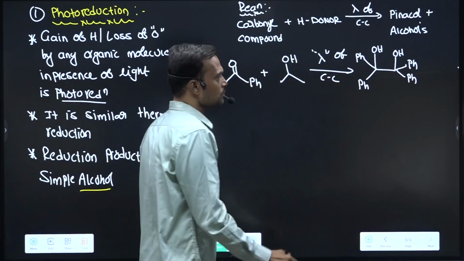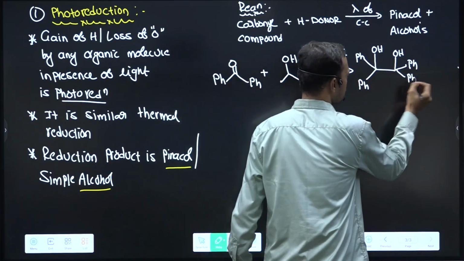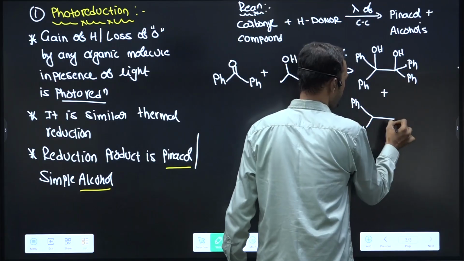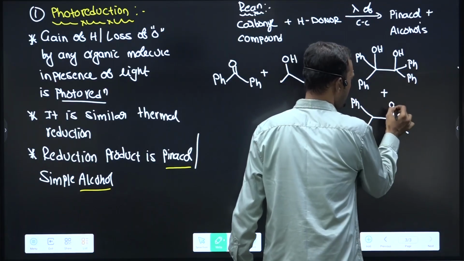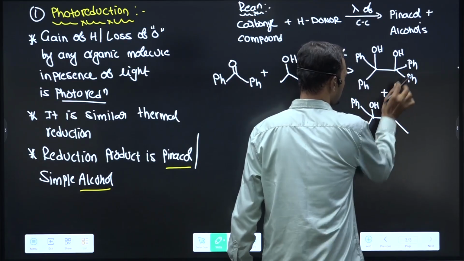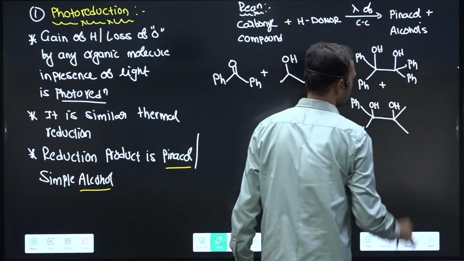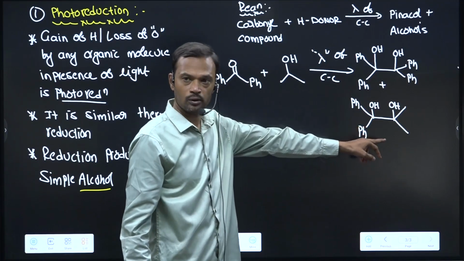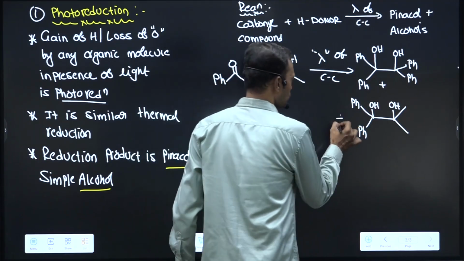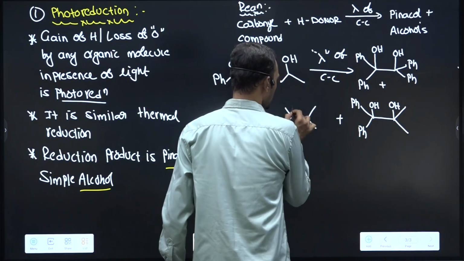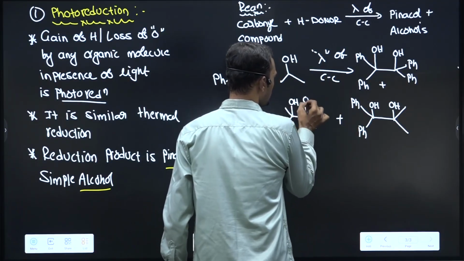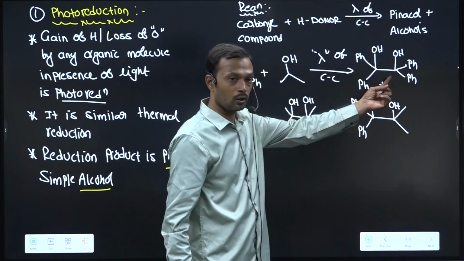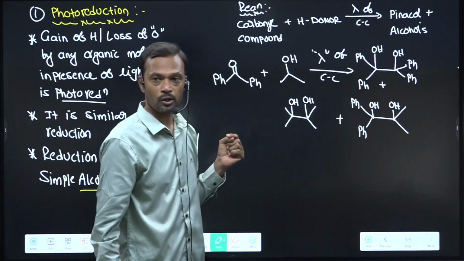It is one product, plus one more product, second one. First one is this one. Second one, is it also pinacol or not? It is also pinacol. So here one more product is possible. Here OH and here one more OH. It is the third product. Pinacol, pinacol, it is also three types of pinacol.